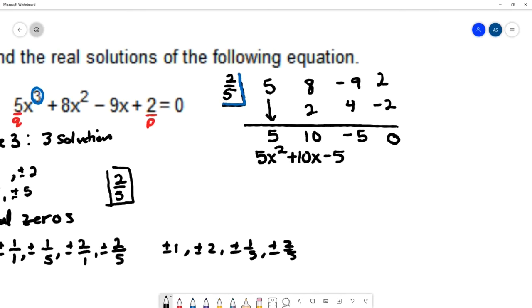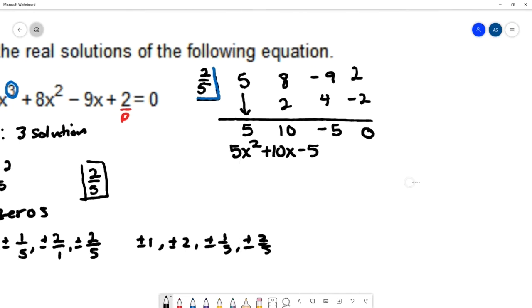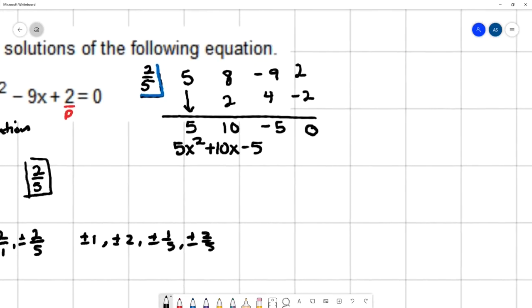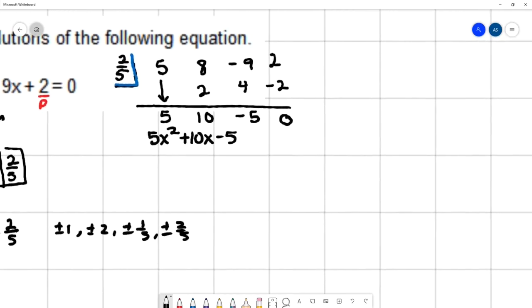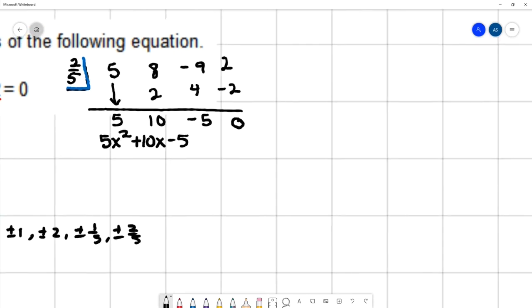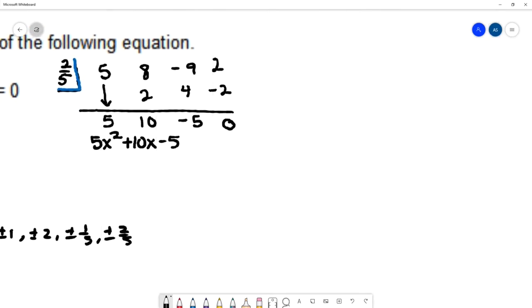So some people may not have seen synthetic division before, and you might be more comfortable with long division. So when you're doing long division, it's going to look a little bit different. Okay, so we identified this 2/5 here as our solution, as our 0. So if we have a 0 of 2/5, that means that we have a factor of x minus 2/5.